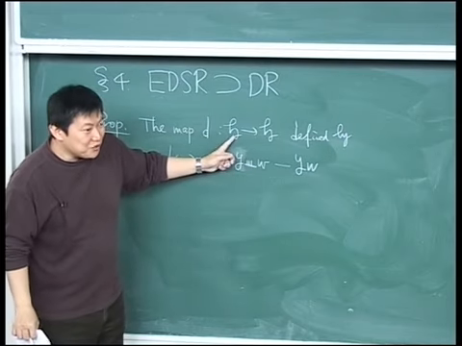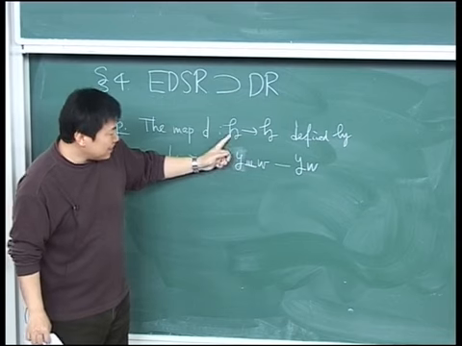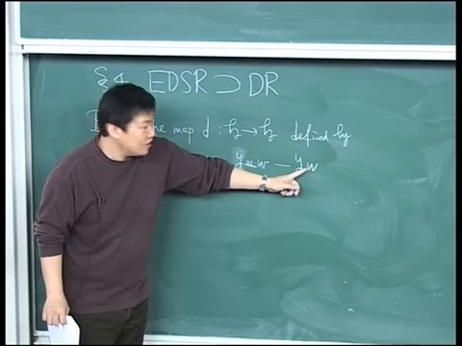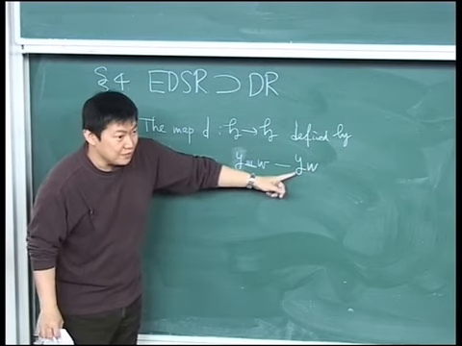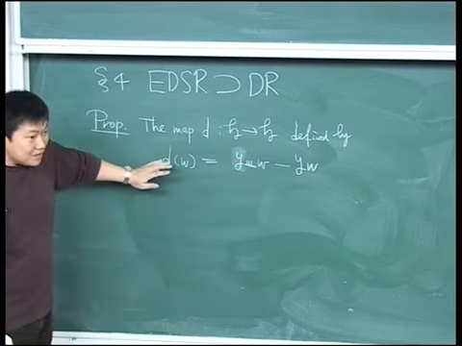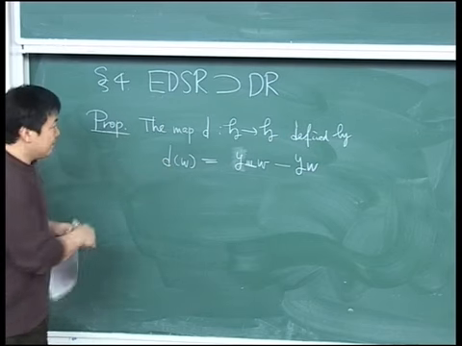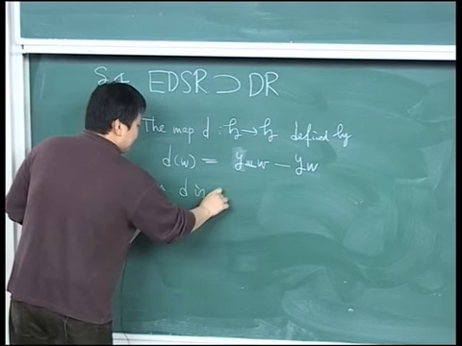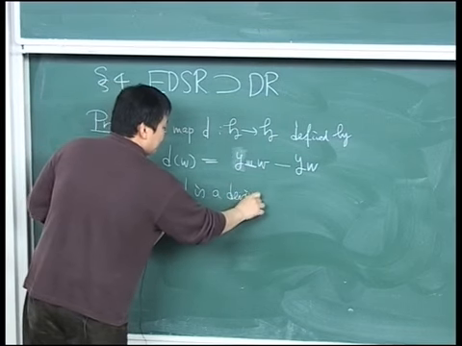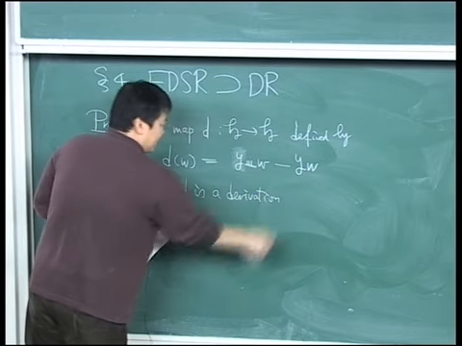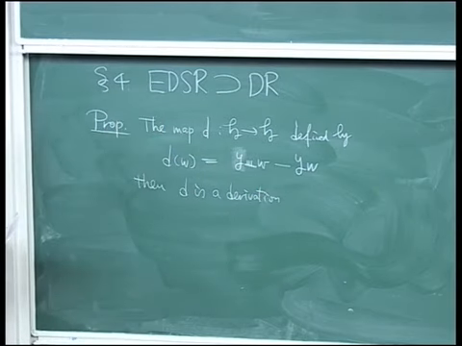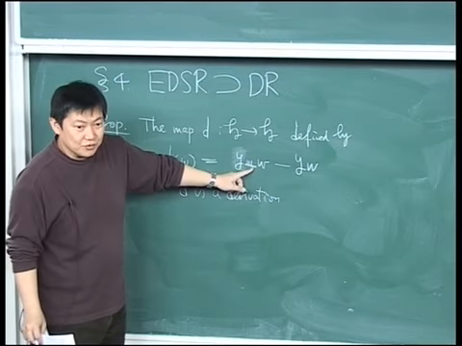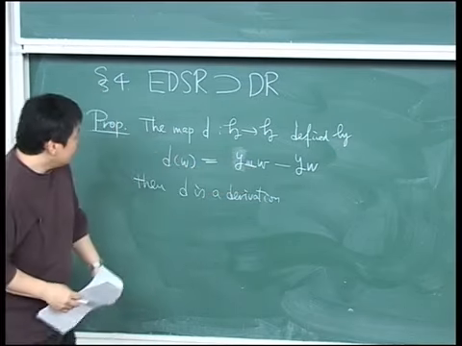So H has a product: shuffle, and concatenation. So we take the difference of shuffle and concatenation with a specific element y. Then D becomes a derivation. You can check the Leibniz rule using the recursive relation of the shuffle product.